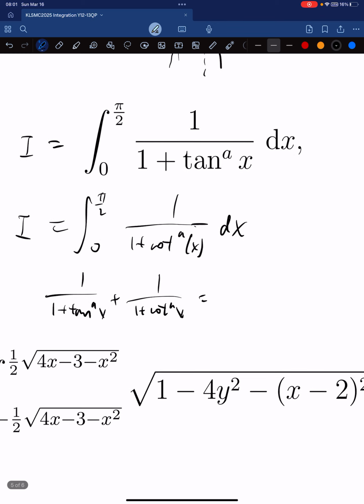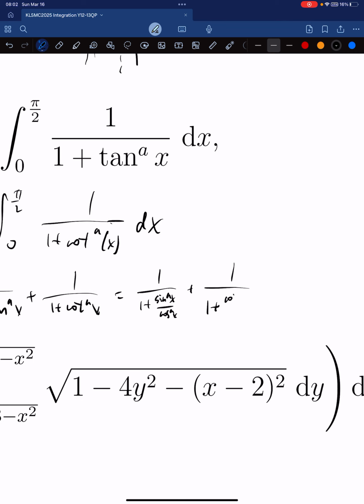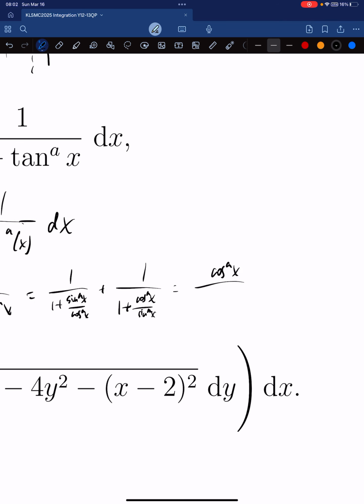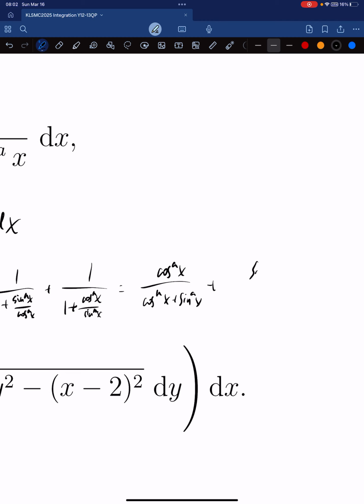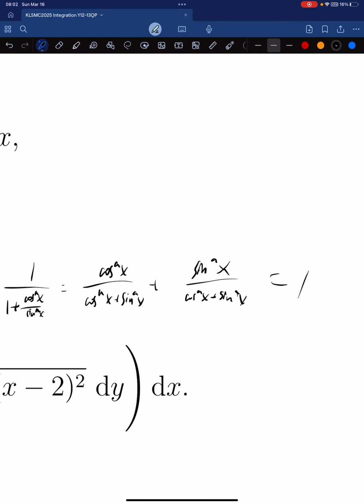We can rewrite it as 1 over (1 plus tan) plus 1 over (1 plus cotangent), and it should be quite evident that this is actually equal to 1.